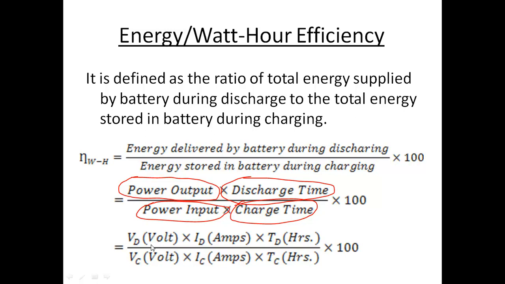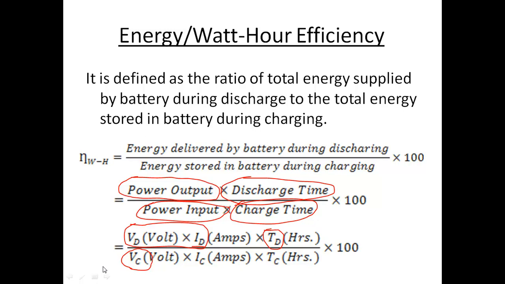So we all know that in DC, the power in an electric system is voltage and current multiplied. So VD is the terminal voltage of the battery during discharge time, and ID is the amount of current supplied by the battery. If you multiply it by the duration of time during which the load is connected across the battery, then we will have energy delivered by the battery in the numerator, and in the denominator we have the terminal voltage of the battery during the charging.